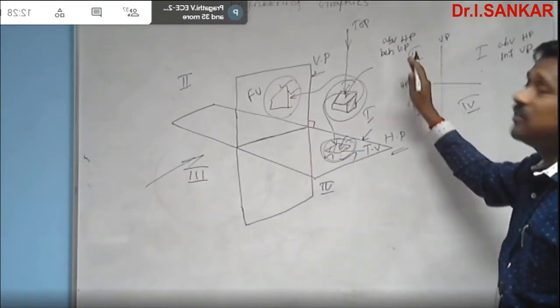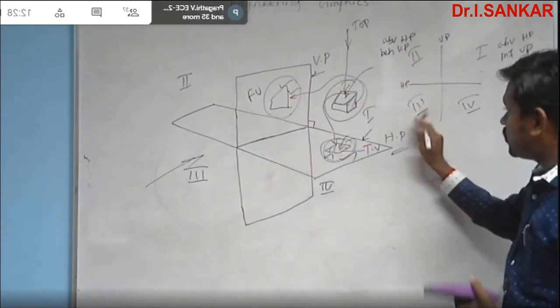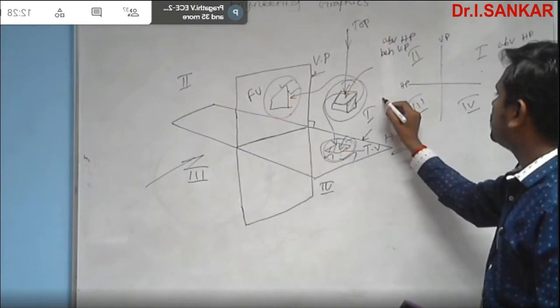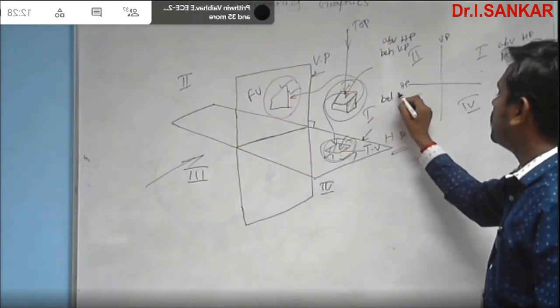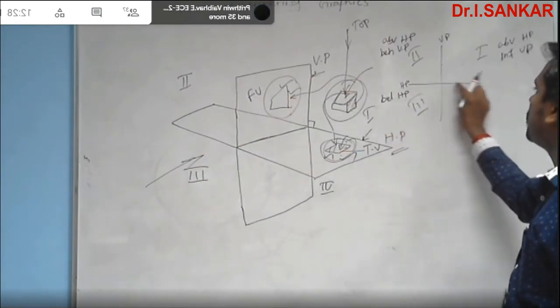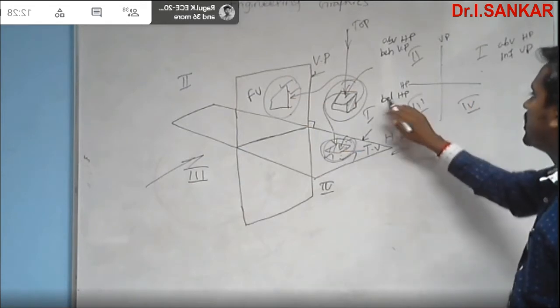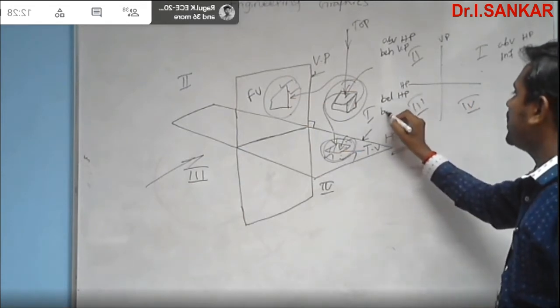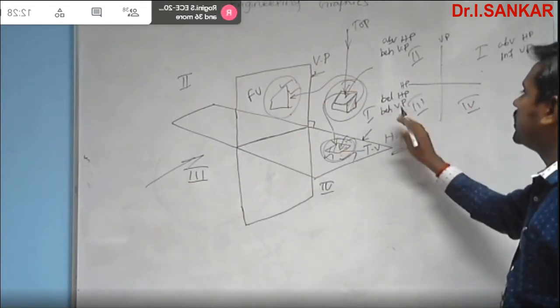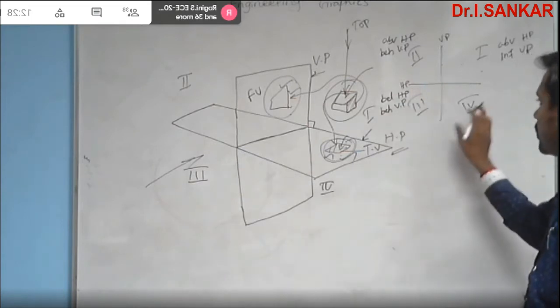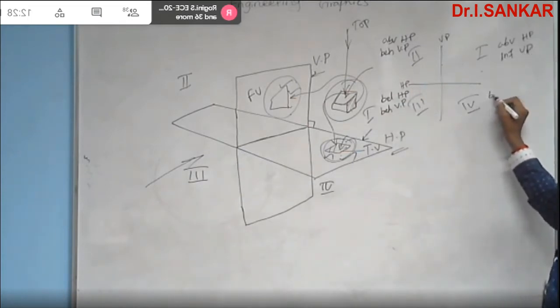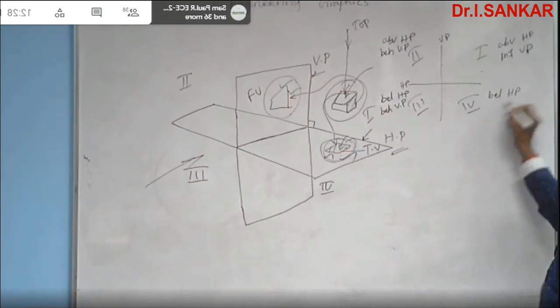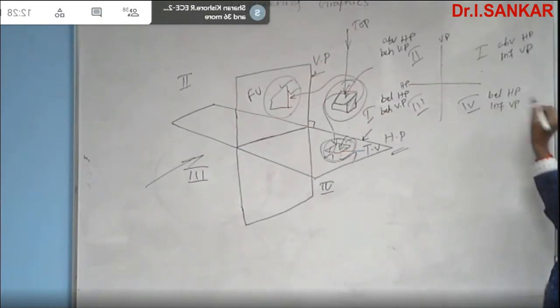In the third quadrant, it is nothing but below the horizontal plane and behind the vertical plane, and the fourth quadrant is below the horizontal plane and in front of the vertical plane.